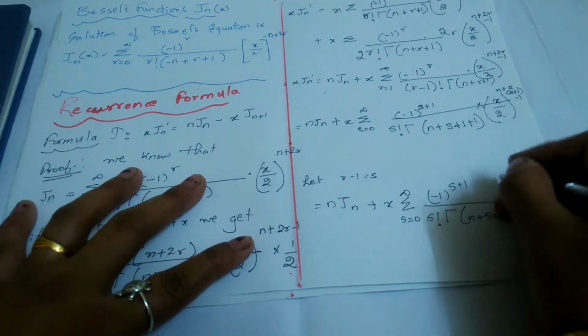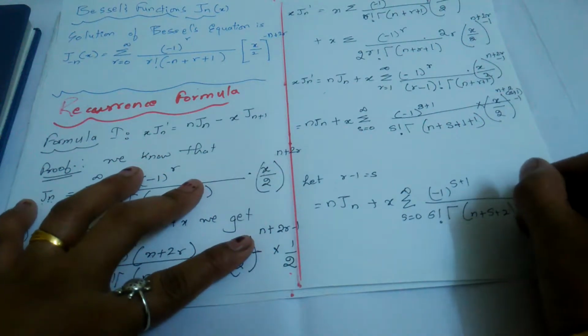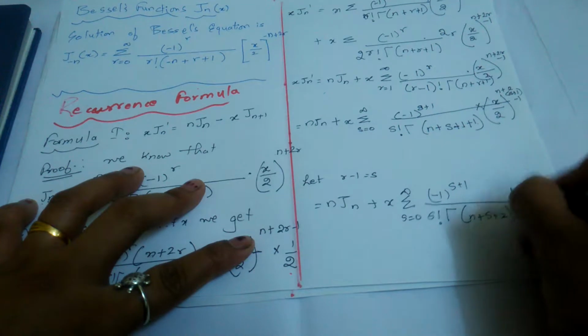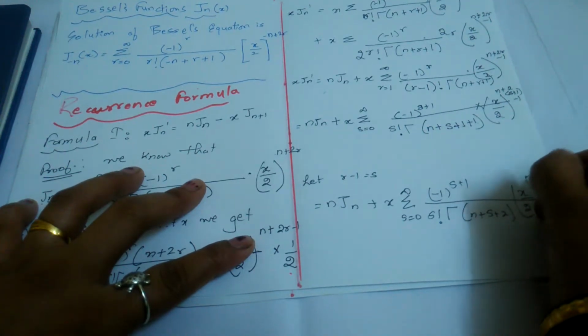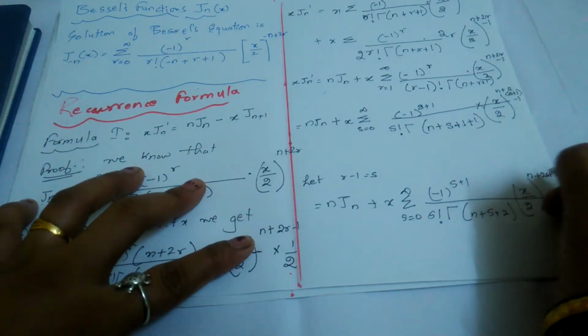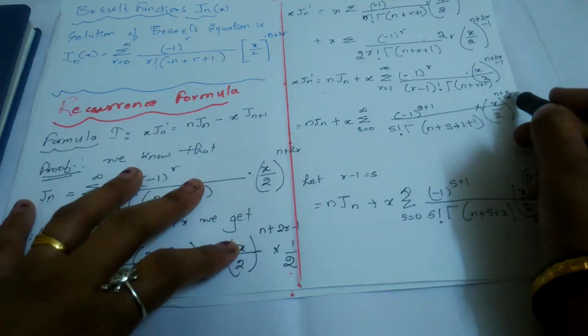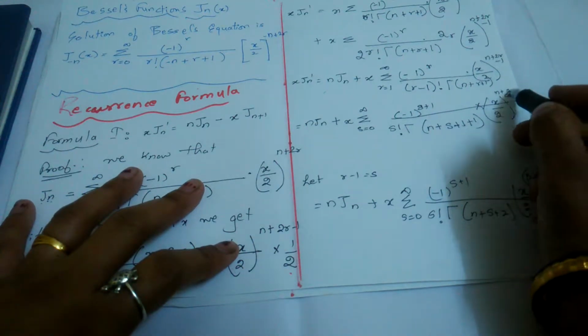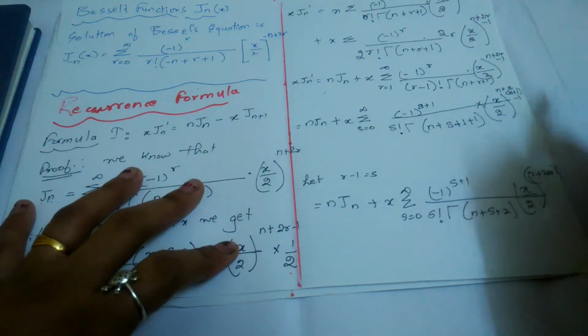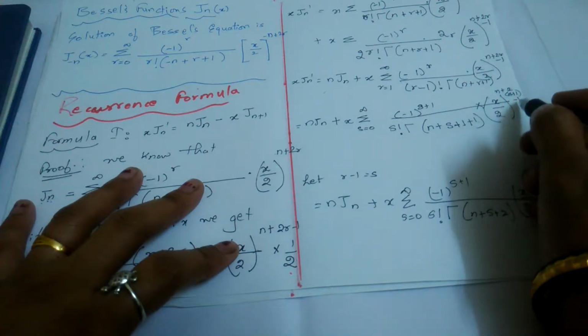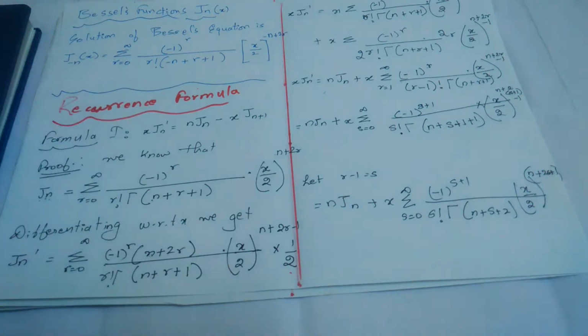Again upside also we are having some terms, x divided by 2 raised to n plus 2s plus 1. In this part, this 2 was there, s plus 1 was there, so 2s plus 2 minus 1, it becomes 1.